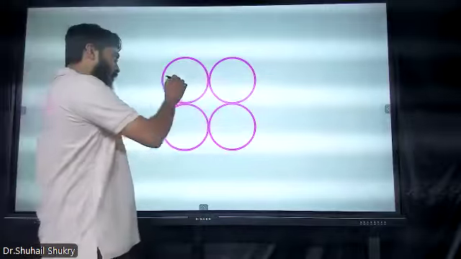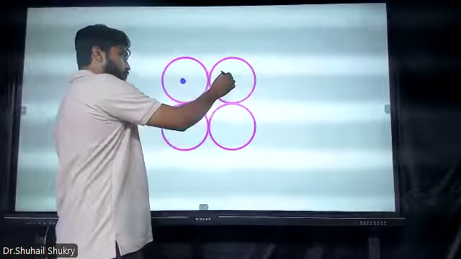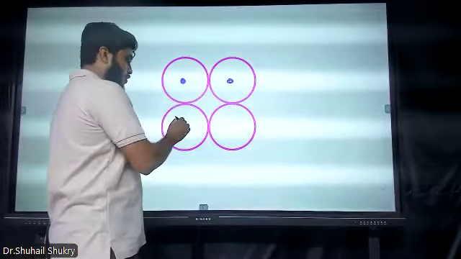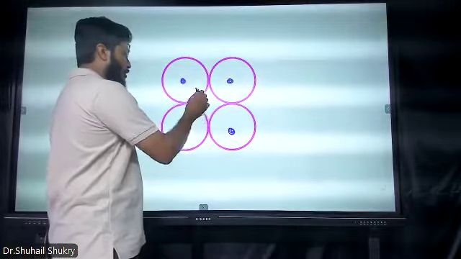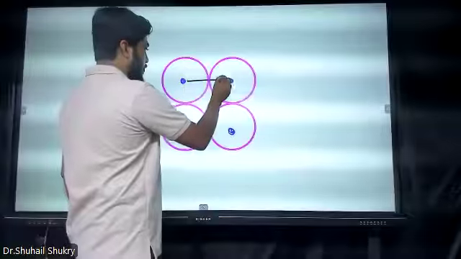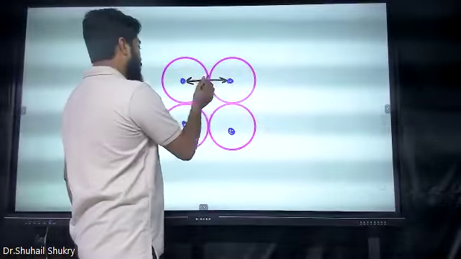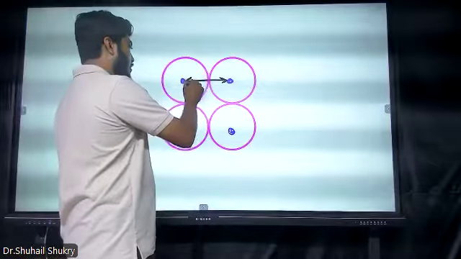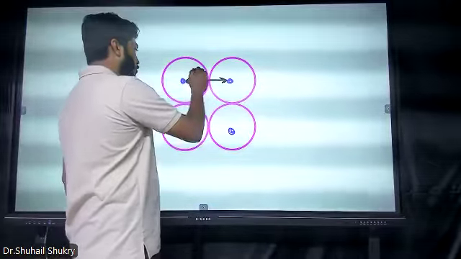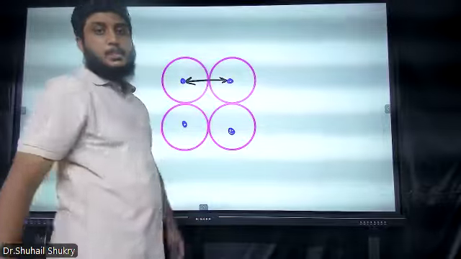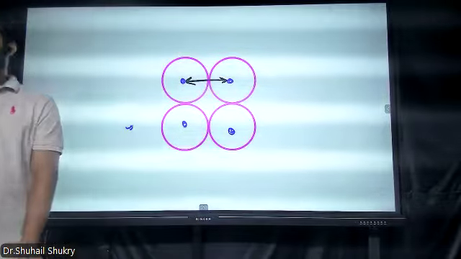So what is the metallic radius? There is a nucleus here. The distance between the nuclei of adjacent atoms in a metal is known as the metallic distance.